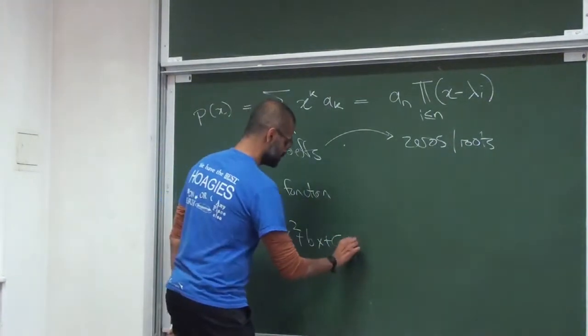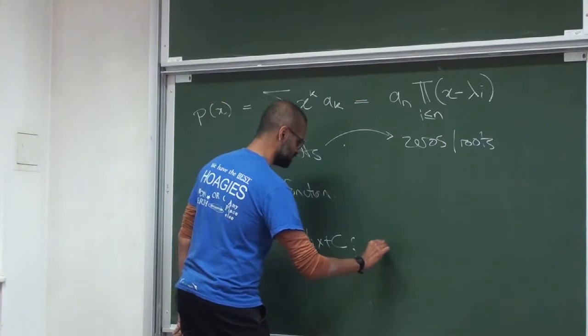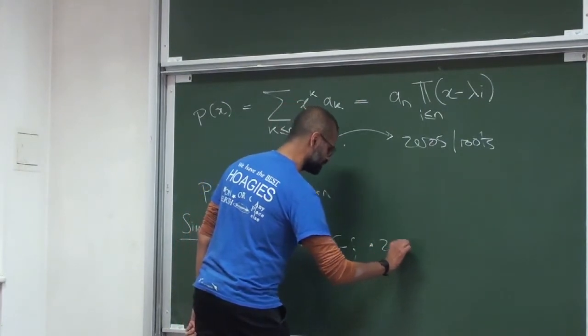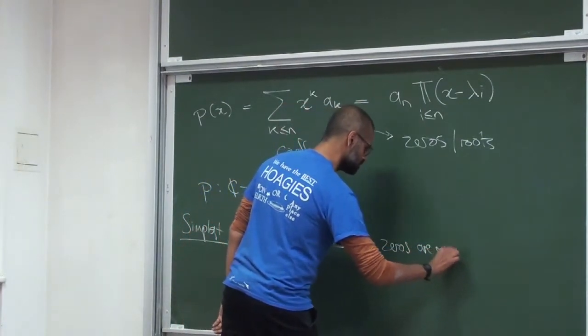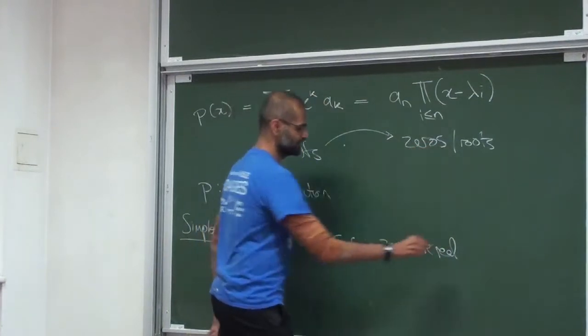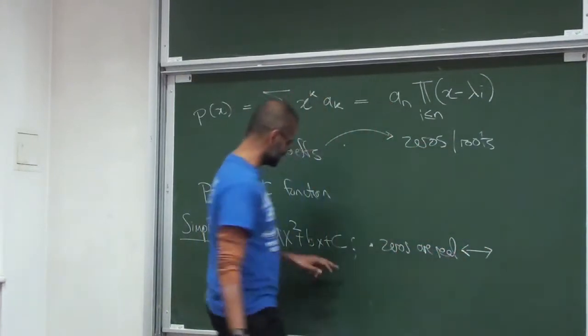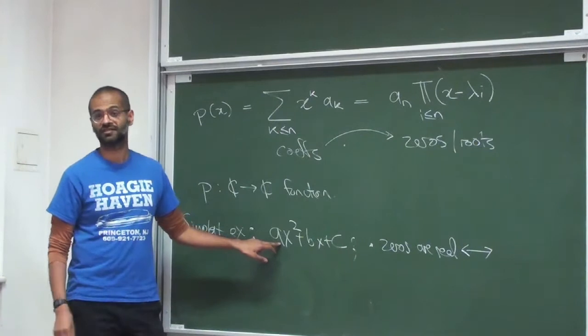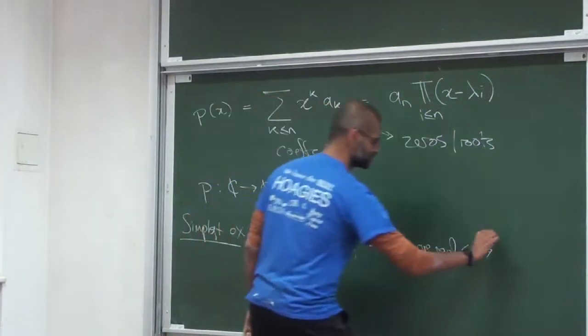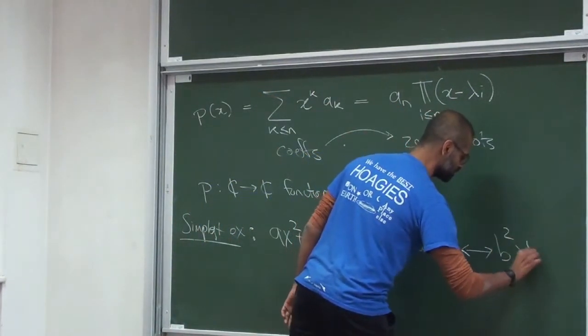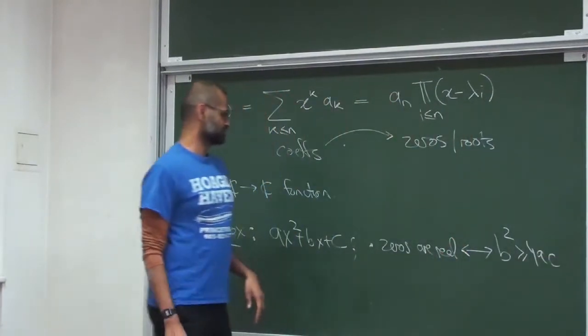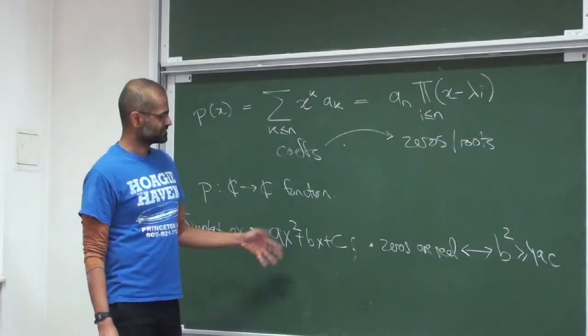Well, one is that the zeros are real, so that's a property of this side, if and only if a certain inequality is satisfied by the coefficients, namely the discriminant is non-negative, right? If and only if b squared is at least 4ac. Okay, so this is the type of connection I mean.